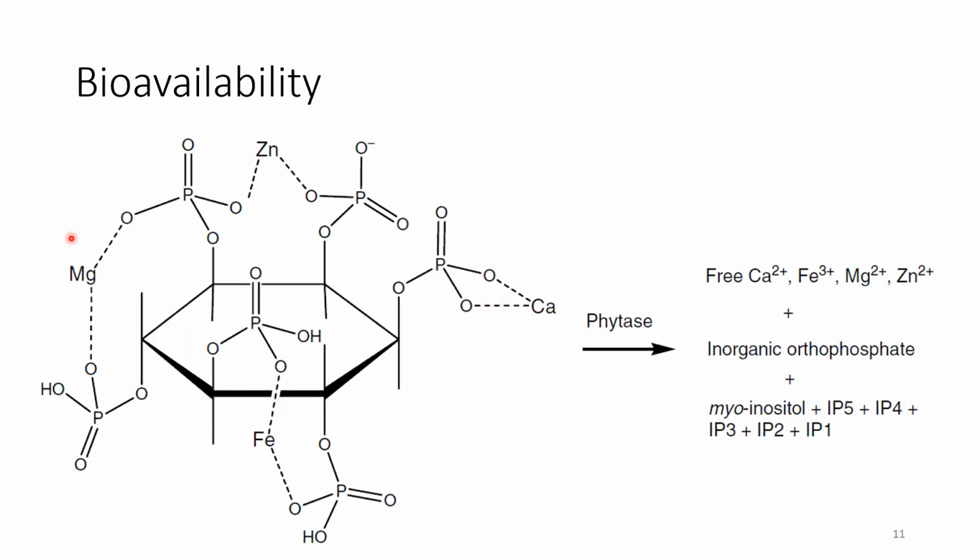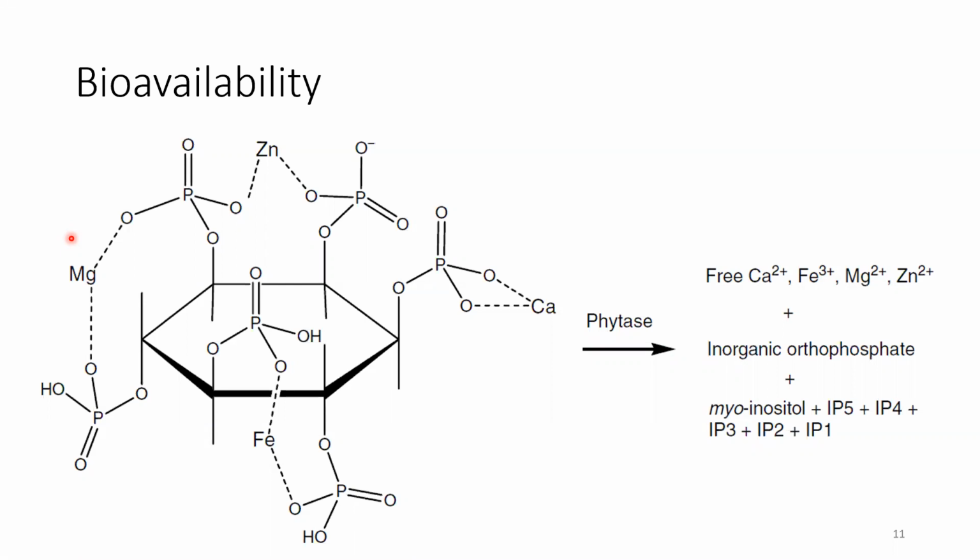And so bioavailability goes way down. This is a naturally occurring compound in many plants and seeds that we eat, grains, beans. So chelation of these metals onto phytic acid will lower the bioavailability.